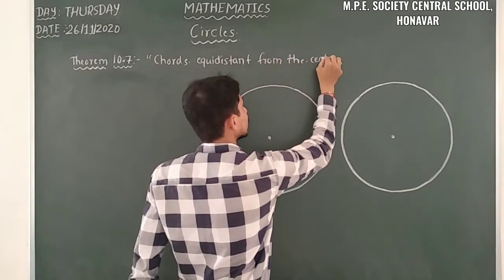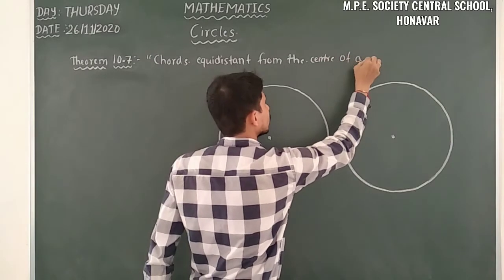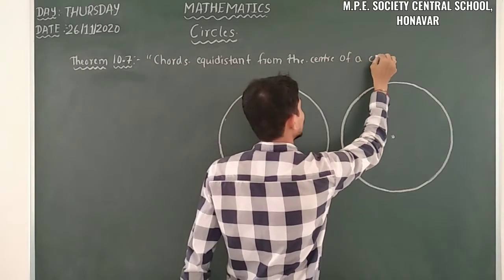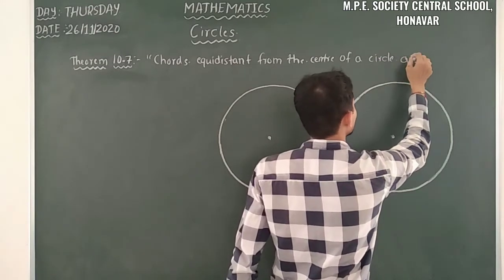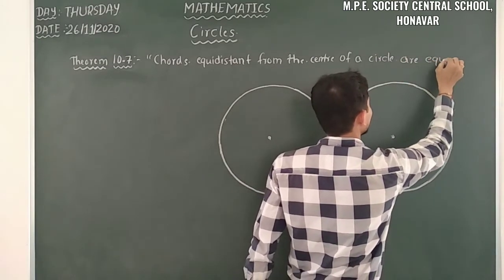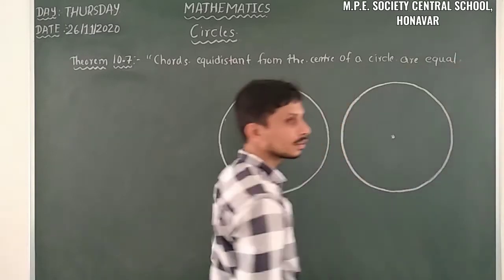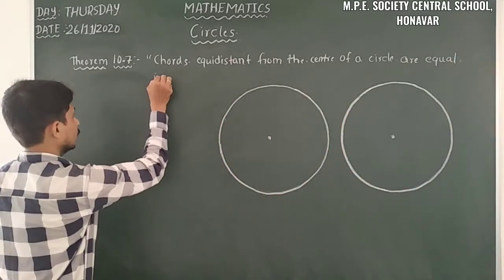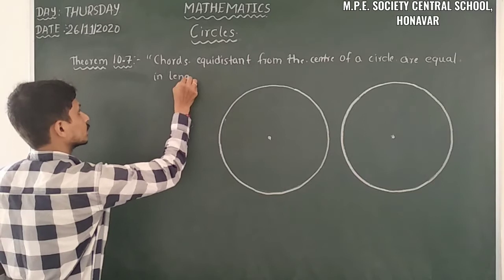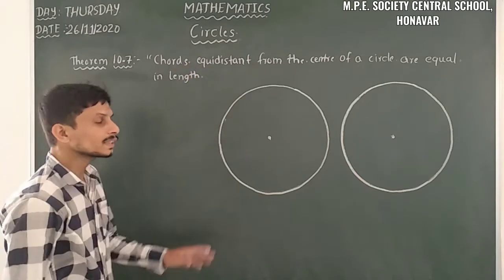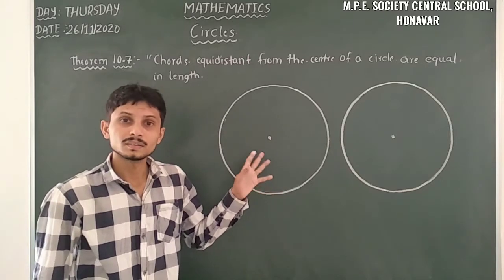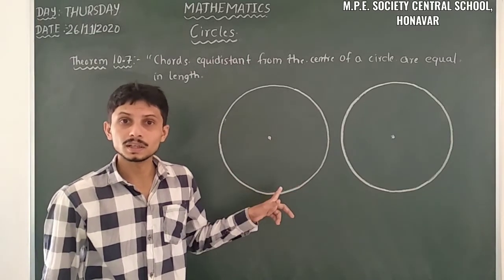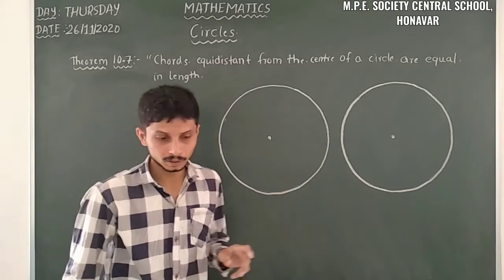That means here we have to take the perpendicular length, which is equal in length. So we have to take the perpendicular distance first.